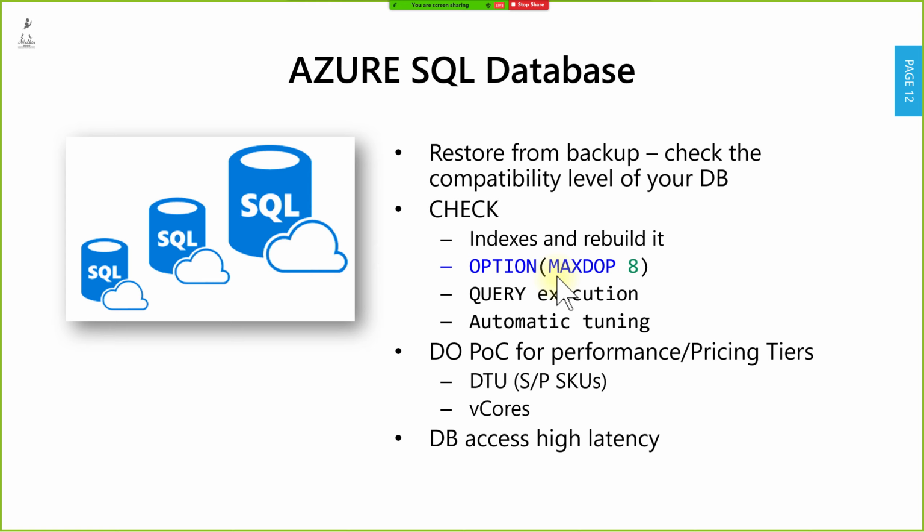Because for vCores, it's not predictable performance. Yes, it's maybe faster, but in terms of performance pricing, in our experience, the DTU will be better, especially after the monitoring and after the right choosing of the SKUs between the SQL database choices.